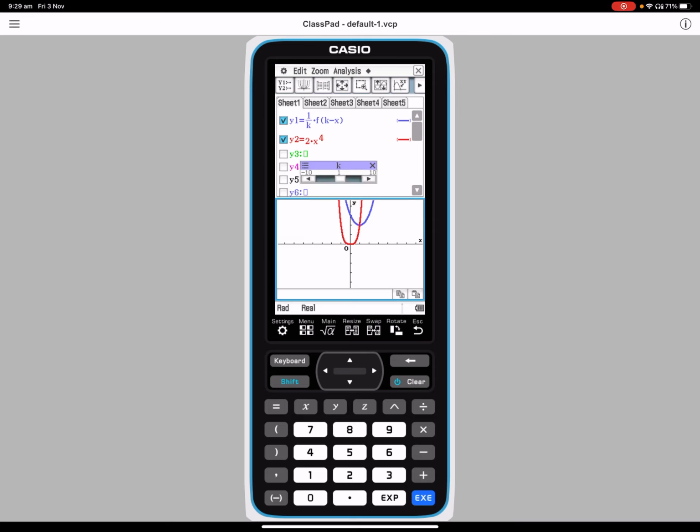I'm not even sure I get this question. The turning point of h, so that translated graph of f, lies on the graph of the function 2x to the n, where n is an integer. Find the value of n.